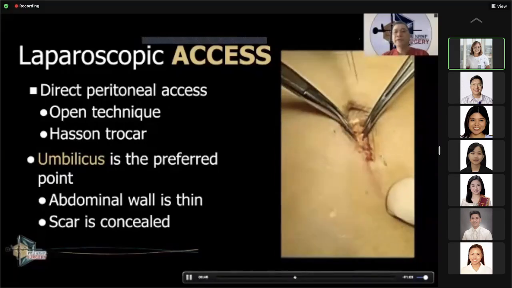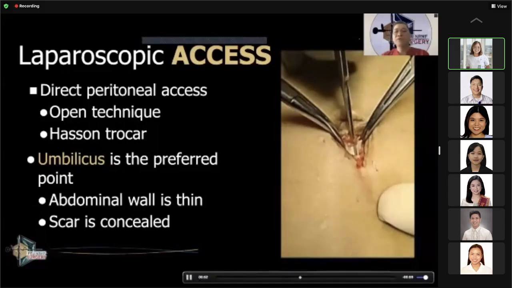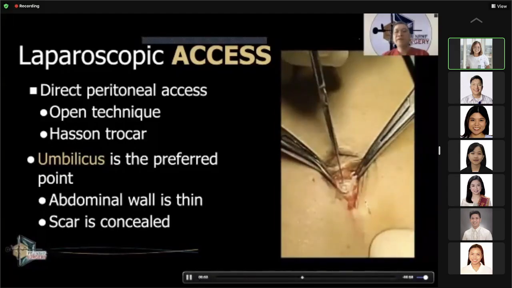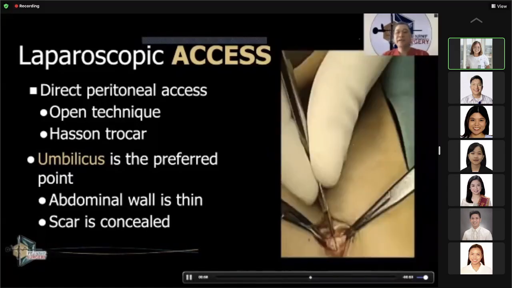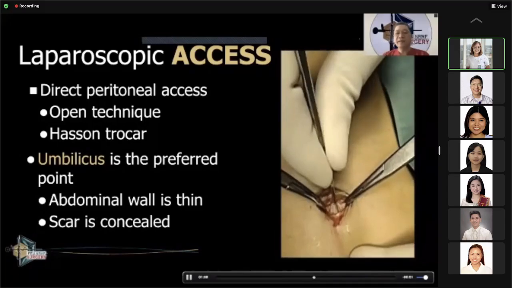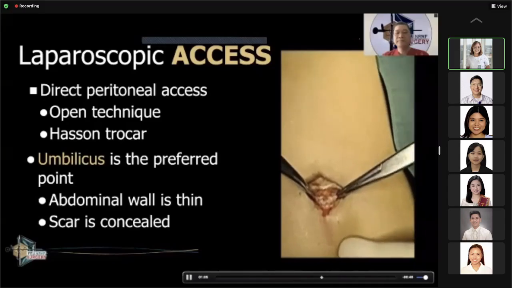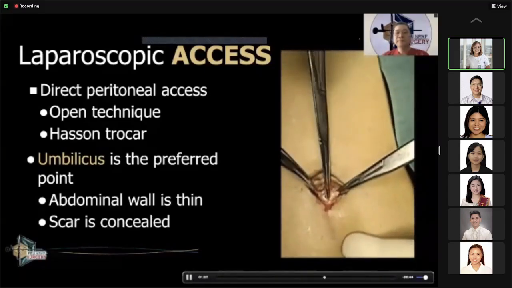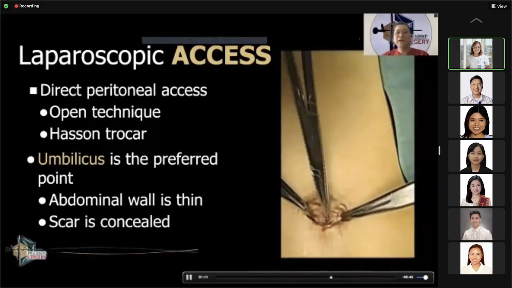Okay, so once you cut that fascia, you are now left with the peritoneum. The peritoneum, you just dissect it bluntly. So you use your forceps, then you are inside the peritoneal cavity.